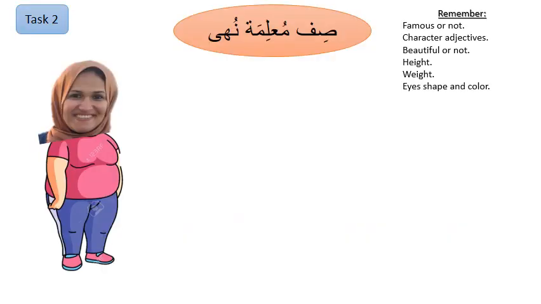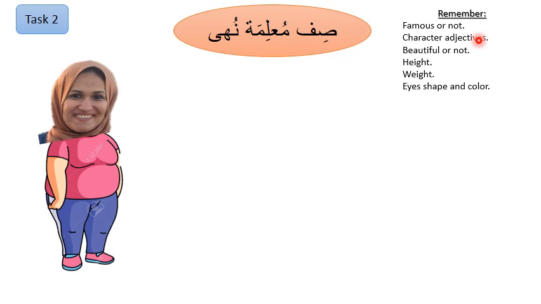And now for task 2, you have a funny picture of معلمة نهى. I want you to صف معلمة نهى. Describe Miss Nuha. صف is a verb, means describe. It comes from the word صفة, adjective. What do I want you to describe in this funny shape of Miss Nuha? I want you to say whether Miss Nuha is famous or not.